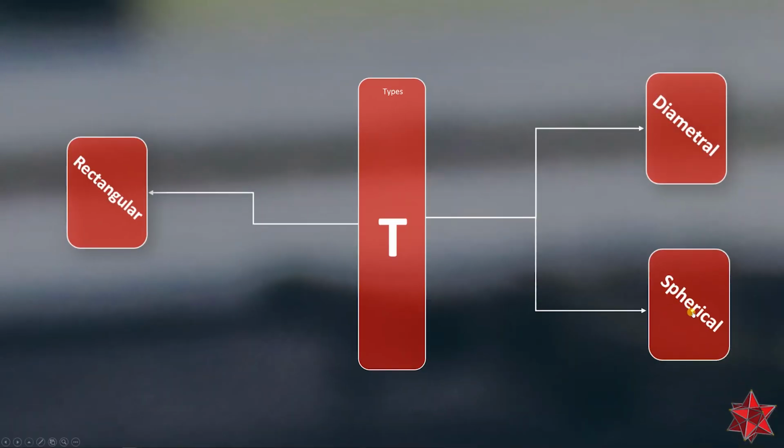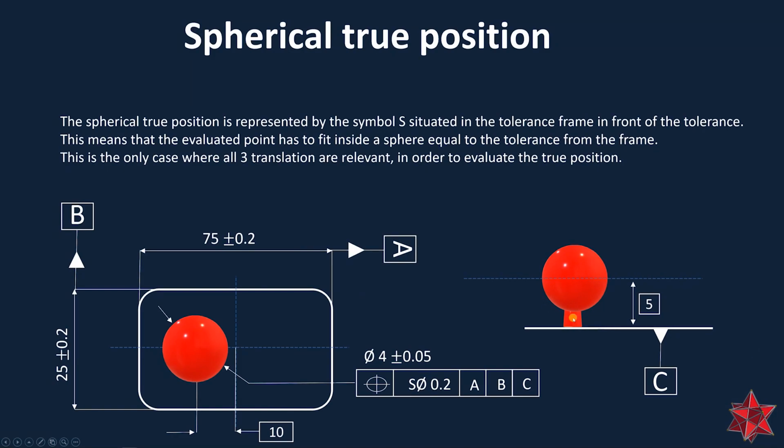Good. For the spherical true position, we have to know that the spherical true position is represented by the symbol S right here, situated in the tolerance frame in front of the tolerance and the diametral symbol. This means that the evaluated point has to fit inside the sphere equal to the tolerance from the frame. This is the only case where all translations are relevant in order to evaluate the true positions.